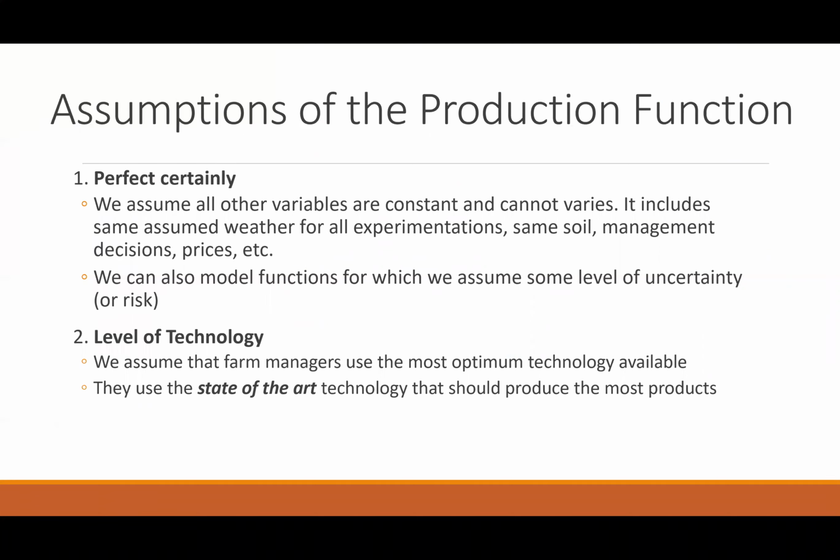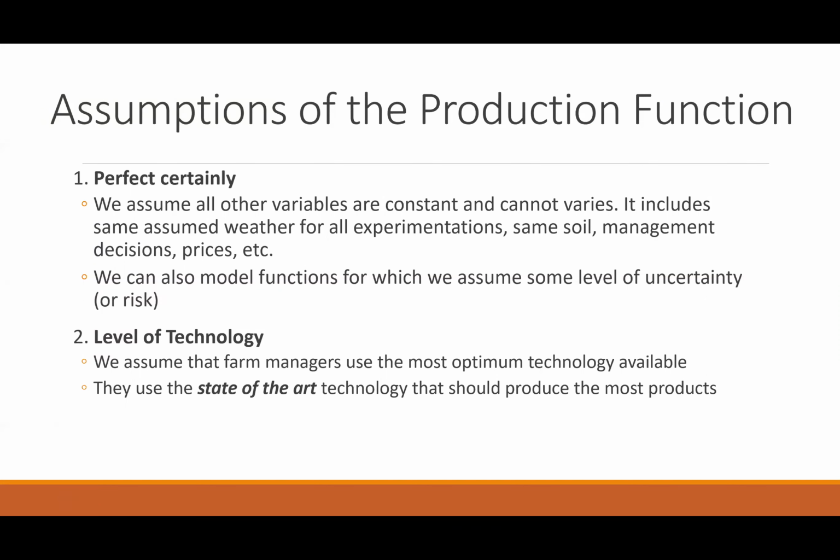That means that producers only have access to the market price. They don't decide on their own price. And so we also assume, as earlier, that all but one variable is constant. They cannot vary, right? We assume that they're the same, and they include all these soil, etc. Management practices too, okay, and prices. And they also all have the same level of uncertainty or certainty.